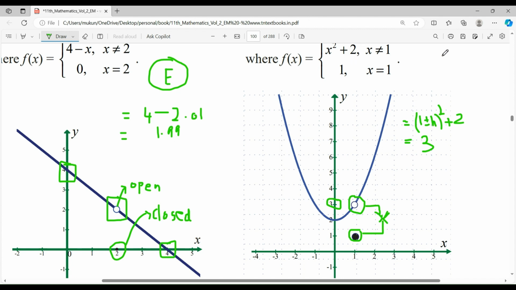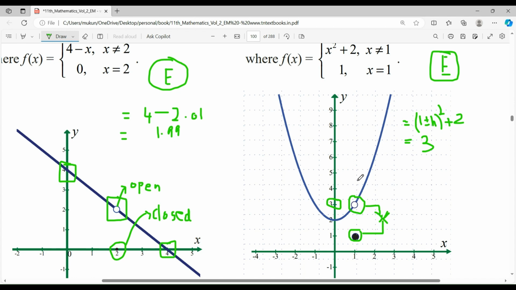So here again, the limit exists because your right hand limit equals left hand limit, but the function is not continuous at the point x equals 1, right? So I hope you had a good understanding of these two problems.